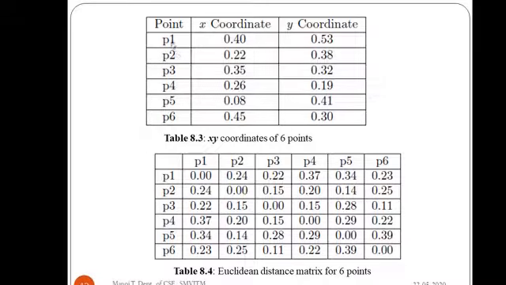If you want the Euclidean distance between P1 and P2, then you take the square root of (0.40 minus 0.22) whole square plus (0.53 minus 0.38) whole square. That will give you the Euclidean distance between 1 and 2. Similarly, you compute for 1 and 3, 1 and 4, 1 and 5, 1 and 6. For the remaining points also a similar procedure can be used.